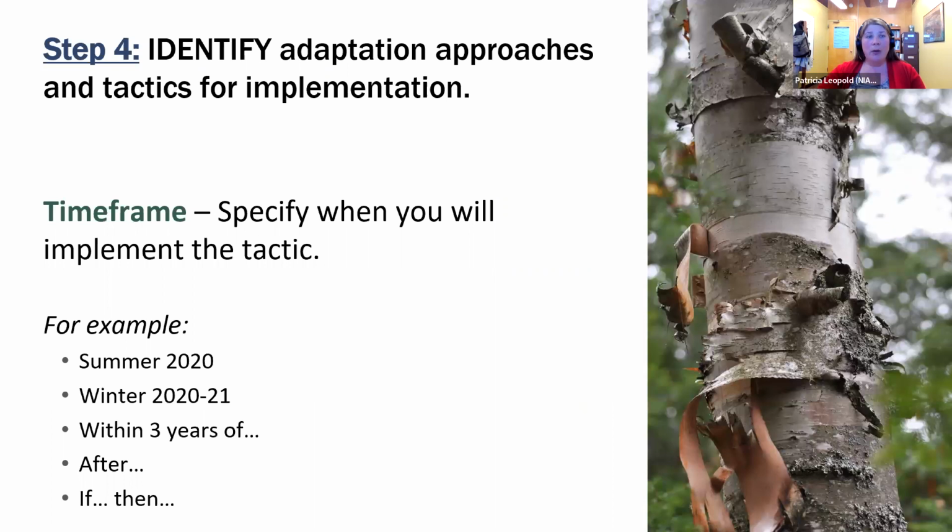And then you'll also identify your time frame for implementing your tactic, and you can do that a number of ways. For example, you might be thinking about the wildlife menu strategy number 3, approach number 1, which is all about facilitating shifts in the geographic range of species in anticipation of future conditions, right? Pretty simple. So facilitating range shifts.